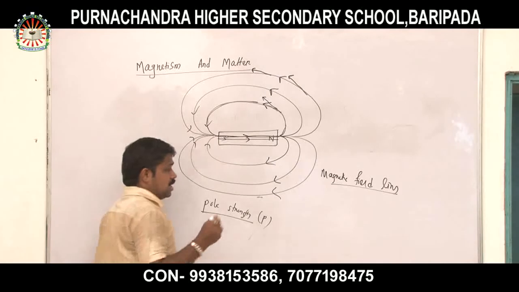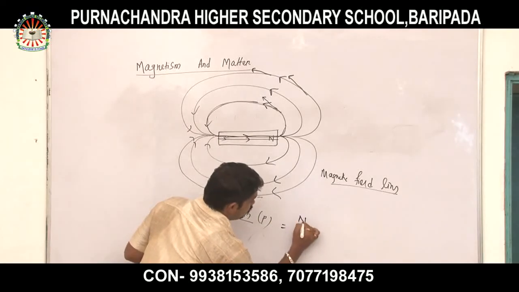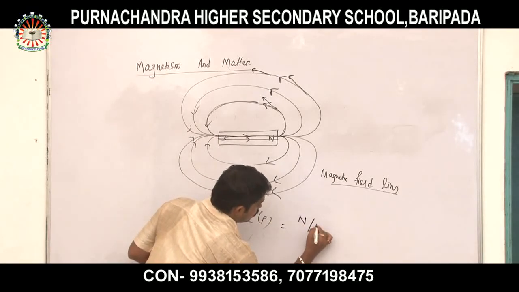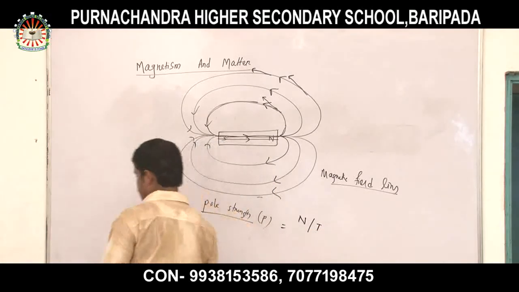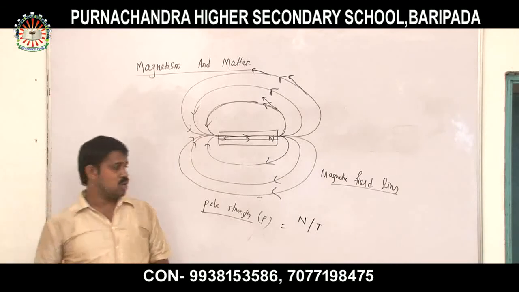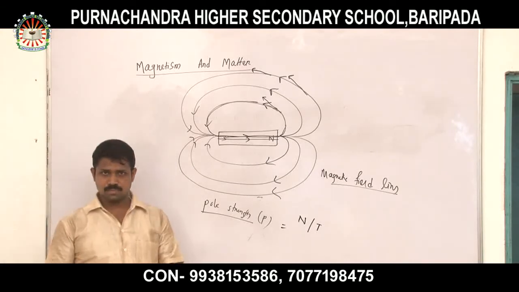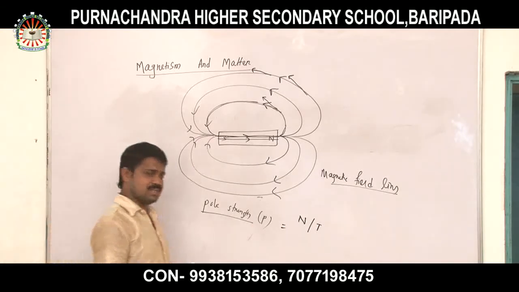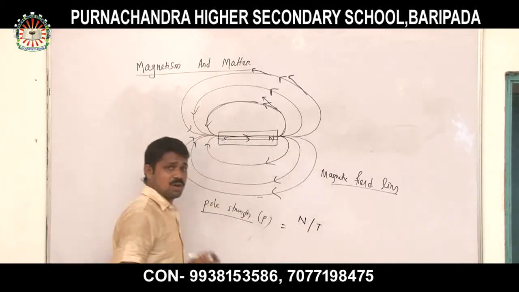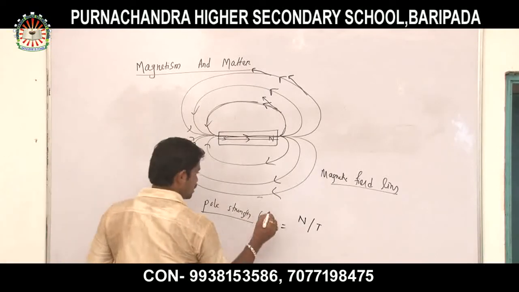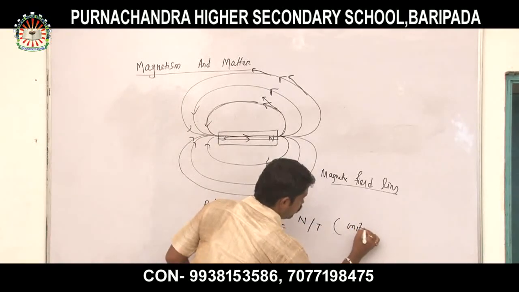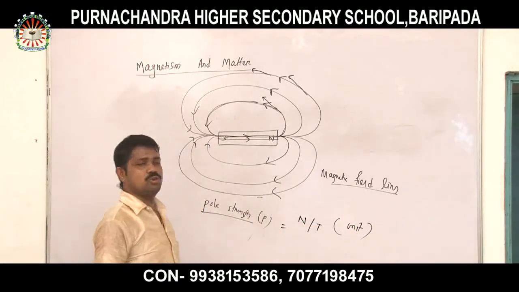Okay. So remember, the unit of pole strength is Newton per Tesla. The T stands for Tesla. Clear? This is my SI unit of your pole strength, the Newton per Tesla.